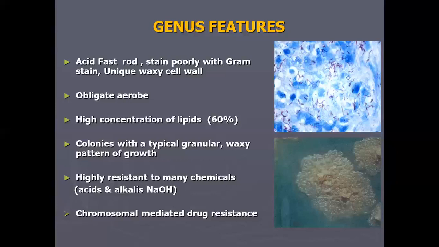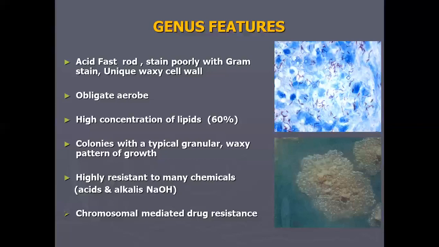As we know, antimicrobial drug resistance genes are present on plasmids in most cases, as we have seen in most gram-negative rods. But in this case, the antimicrobial drug resistance is chromosomally mediated because this organism does not have plasmids. It's a plasmid-free microorganism, but it does have a chromosome, and the drug-resistant genes are located on the chromosome.